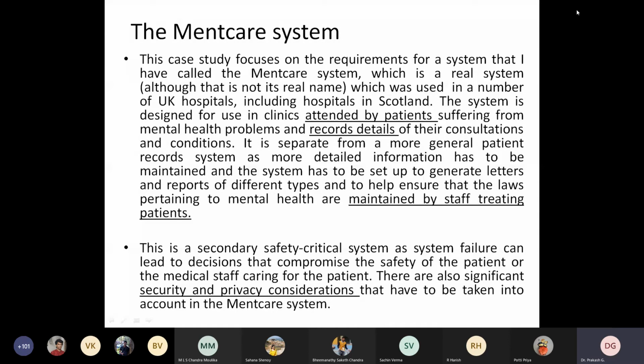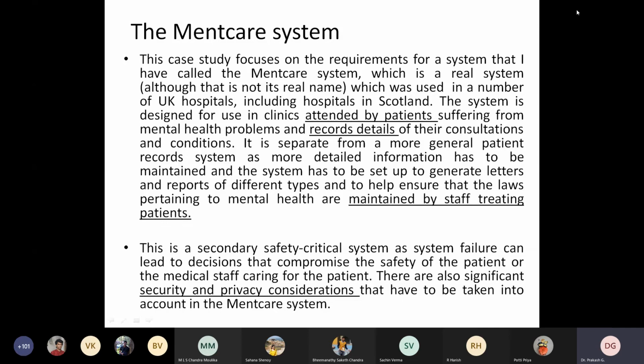So this is ultimately available already. But this Medcare system is something more critical. Why it is critical means it is talking about the details of mental health patients. That is what is given in this sentence: it is separate from a more general patient record system. The general patient record system is okay, to some extent a normal thing.